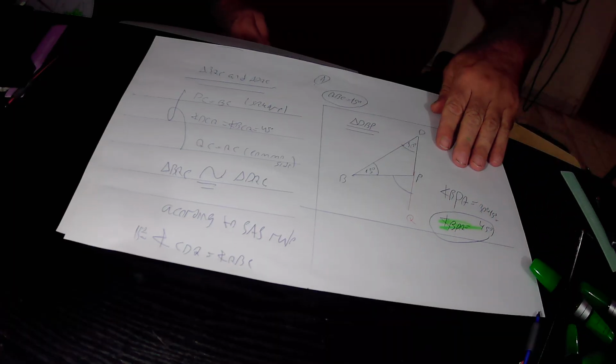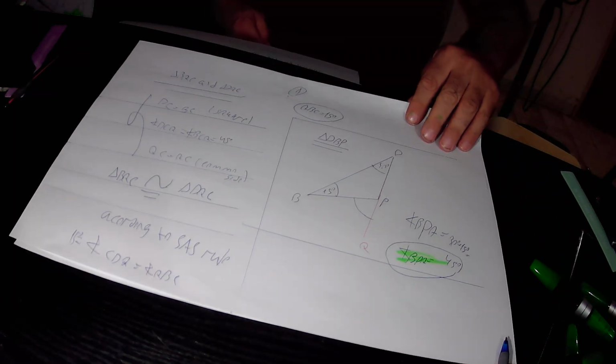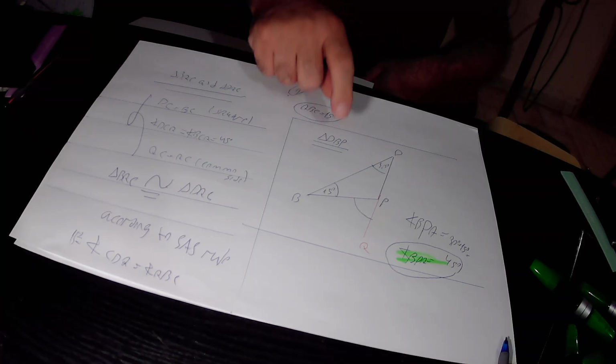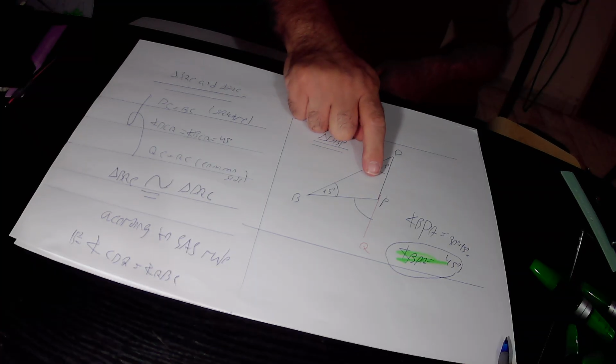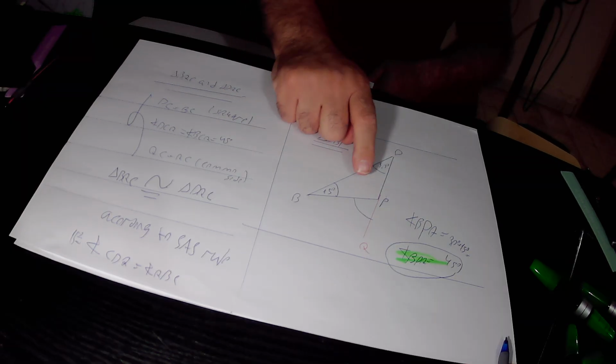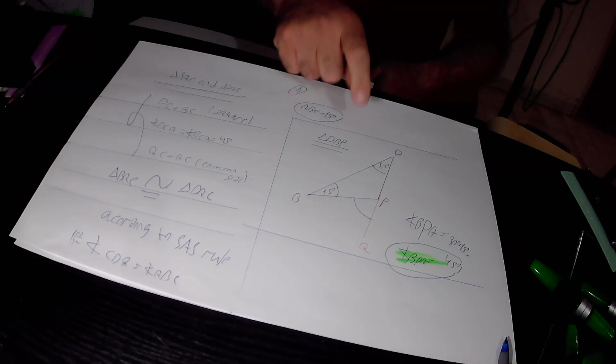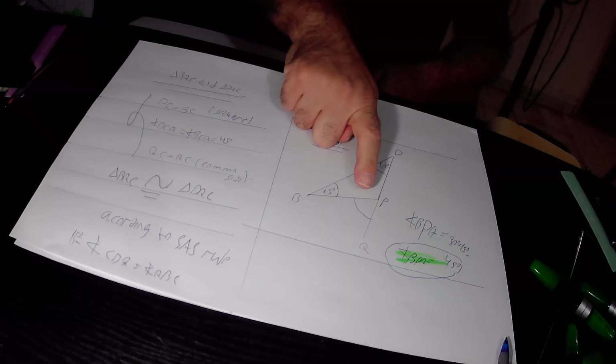This is triangle DBP, a copy of the original drawing. Those three angles inside triangle DBP are defined as interior angles. This angle BPQ, which is located outside triangle DBP, is defined as an exterior angle. The question is, what is the size of the exterior angle DPQ?